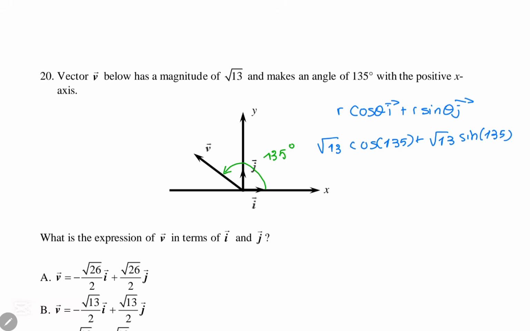Radical 13 times cosine 135, I got an answer of minus radical 26 over 2 i, plus radical 13 times sine 135, I got an answer of radical 26 over 2 j. So my answer would be A, and A is the correct answer.